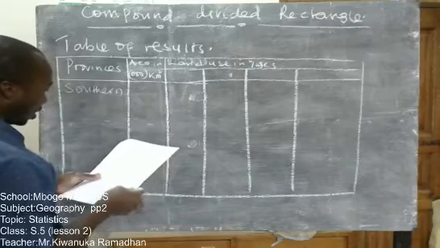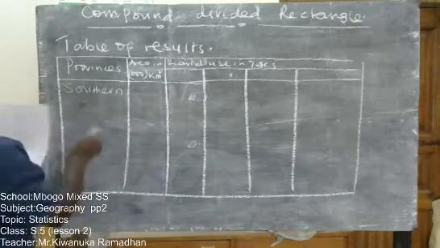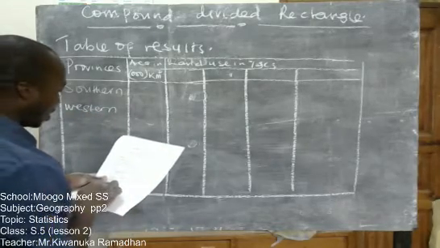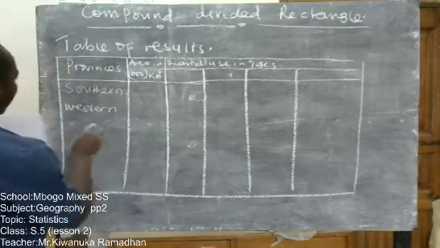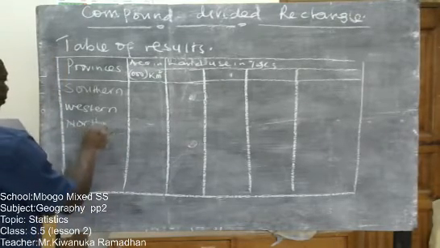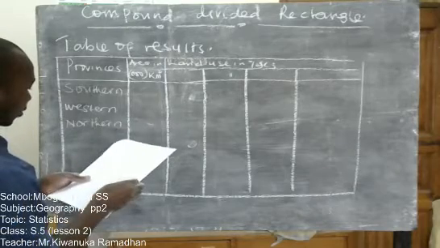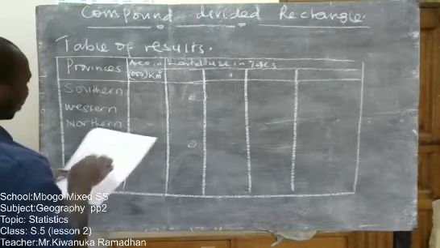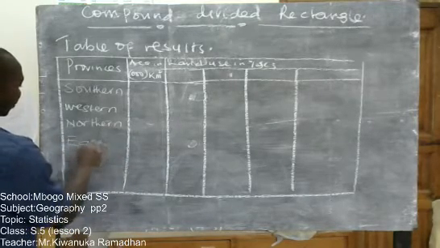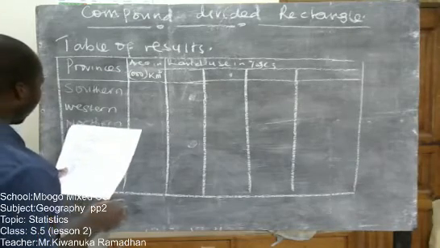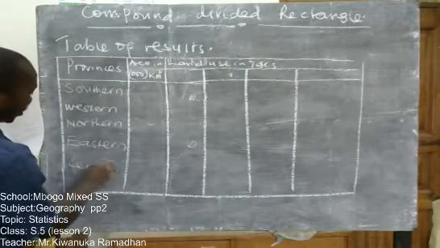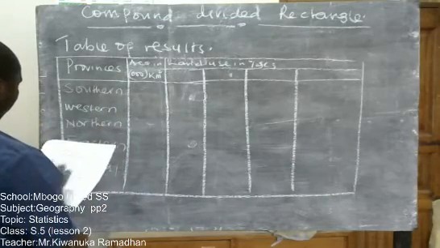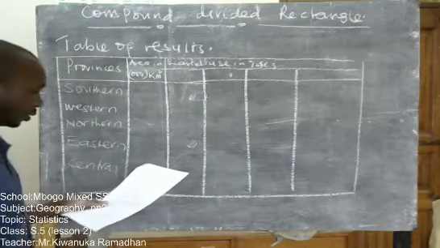What comes second is western. What comes third is northern. After northern, what comes fourth is eastern. Then lastly we have central. Yes, there are 5. So we are going to arrange in order.